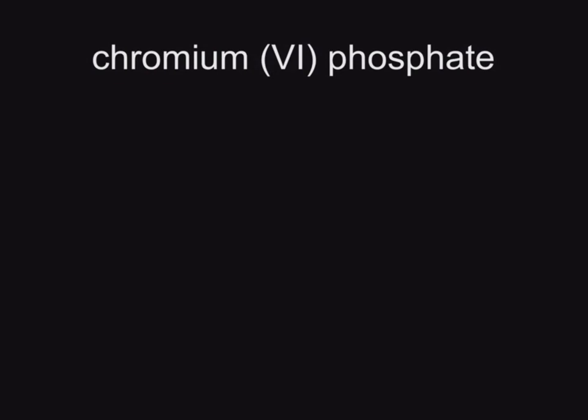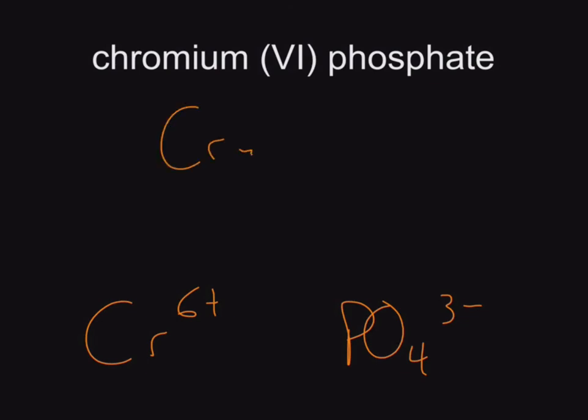Going the other way, chromium(VI) phosphate. All right, phosphate is PO4 and has a charge of -3. Chromium, as this says, has a charge of +6. Well, if I switch the numbers, I would get Cr3(PO4)6.